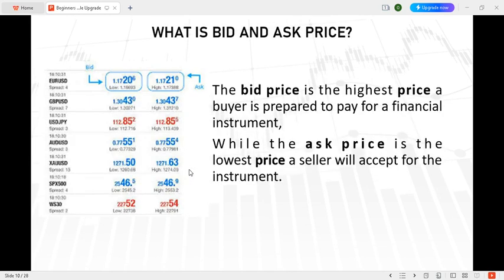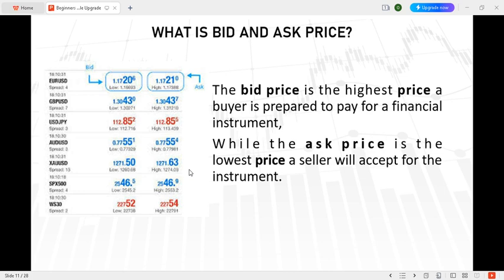All right, that takes us to the next conversation, which is the bid and the ask price. If you're someone who goes to the market a lot, you find that whenever you want to purchase a commodity, let's say a pair of shoes, sometimes the seller will tell you, okay, this pair of shoes is going for $20, and you can bargain.